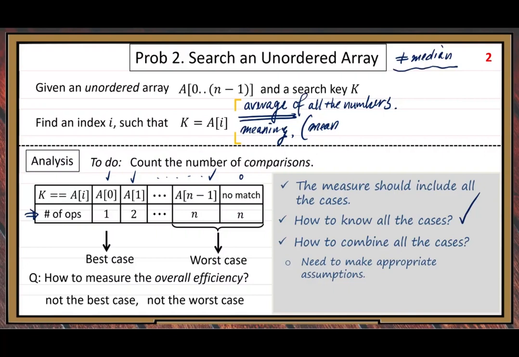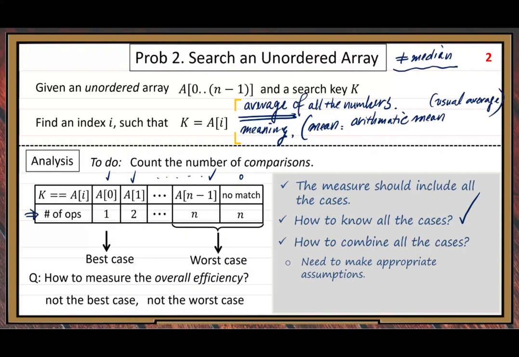Regarding the mean, there are several different means, with different definitions. The first one is the arithmetic mean. This is our usual average; when we say usual average, we mean the arithmetic mean.